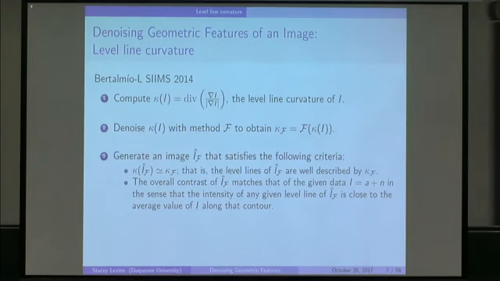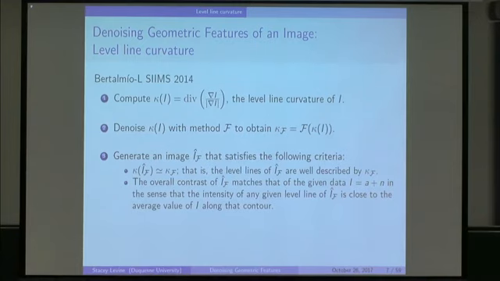What we did was something related, but a little bit different. So we said, again, this is following the general framework on that very first slide. Compute the level line curvature of your image, which is poorly behaved, but it has a lot of rich information in it.